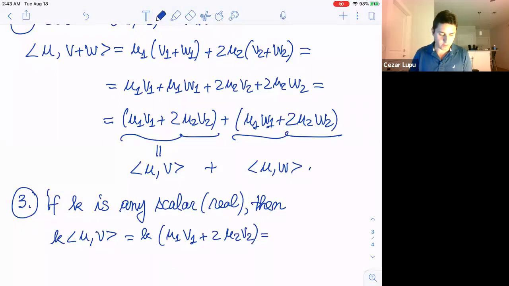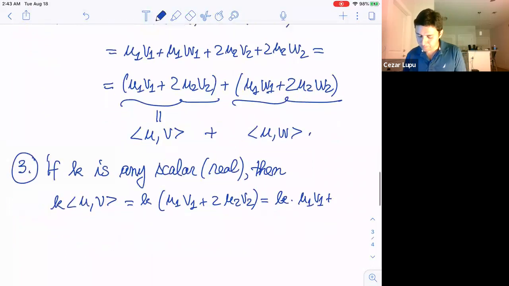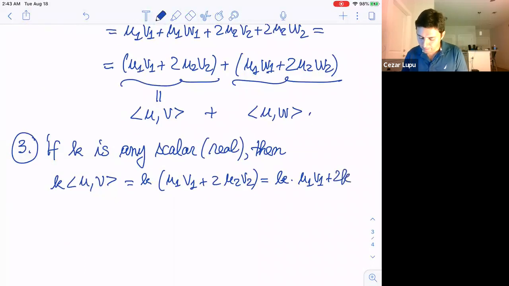And now guess what is going to happen? You're going to multiply them. So it will be k times u1 v1 plus 2k times u2 v2.